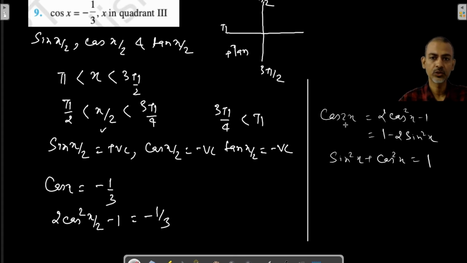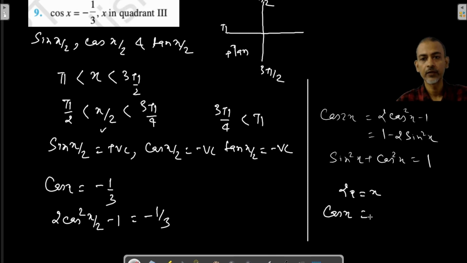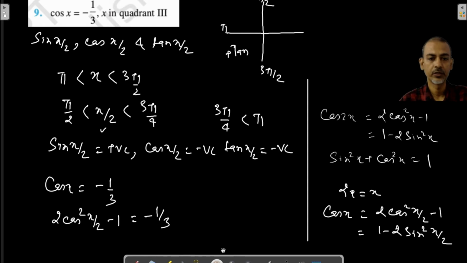Why? Because cos 2x is 2 cos square x minus 1, and when you put 2x equals x, you will get cos x equals 2 cos square x by 2 minus 1. And similarly, you will also get 1 minus 2 sin square x by 2. So this is what we are going to use over here.